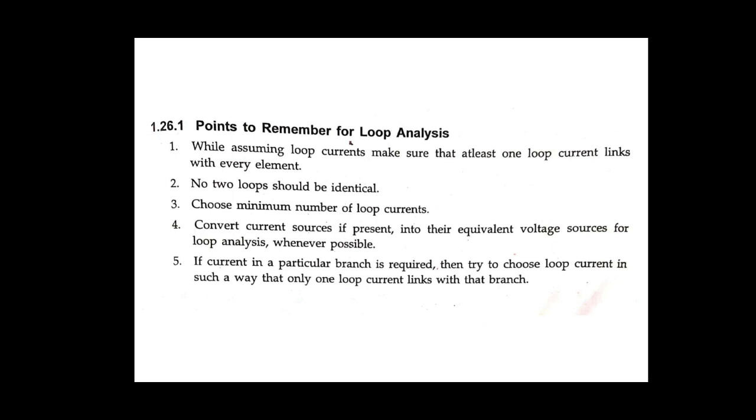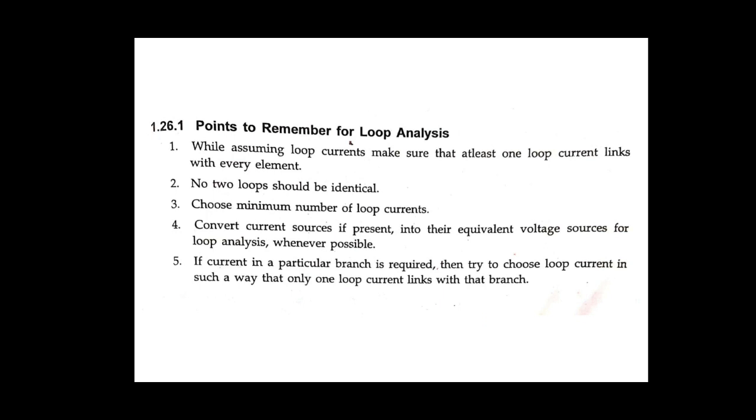Suppose you have given I1 for loop 1, and you consider another loop; there should not be two identical loops. Choose the minimum number of loop currents, means you consider the minimum number of loops.